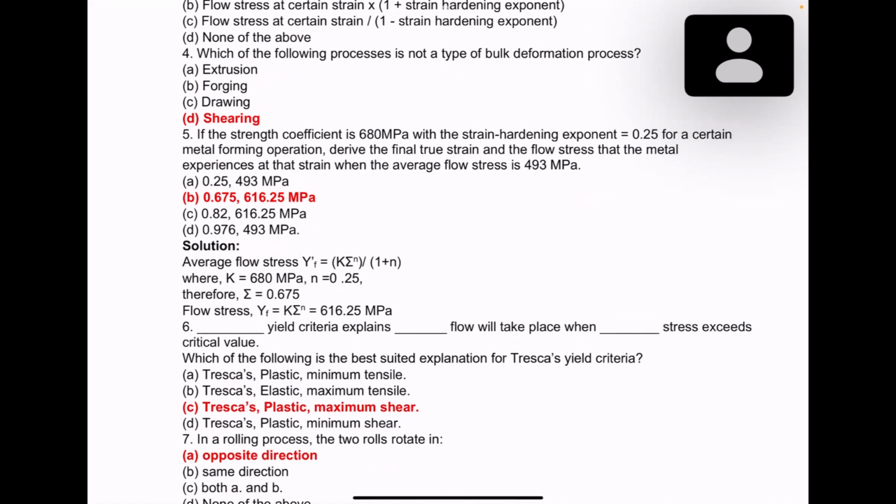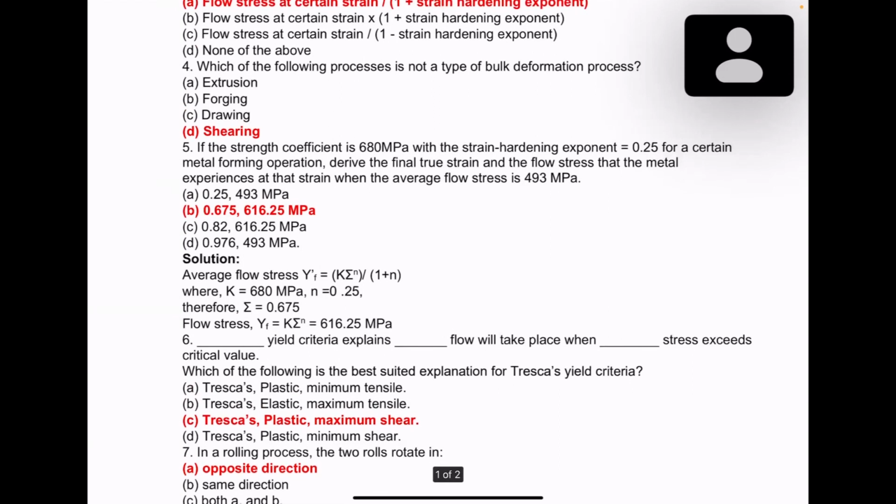So when plastic deformation is there, when the material is deformed plastically, the deformation or the strain becomes non-linear, and then you have the average flow stress given by the formula K epsilon to the power n by 1 plus n, where K is your strength coefficient, okay, and n is your strain hardening exponent.